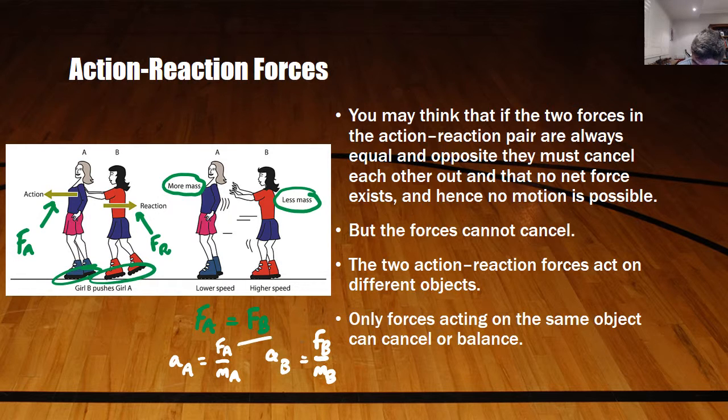These two forces we've just said are the same, but because B has less mass, B's mass is smaller, so the acceleration must be larger. So B must accelerate off in this direction quicker, or at least increase her speed quicker than A does in the opposite direction.